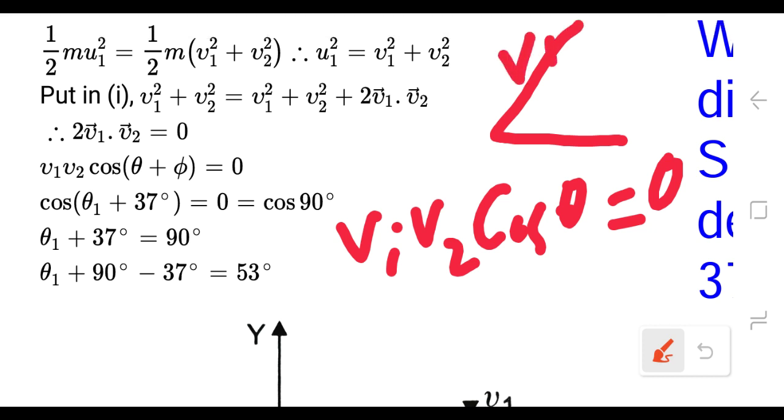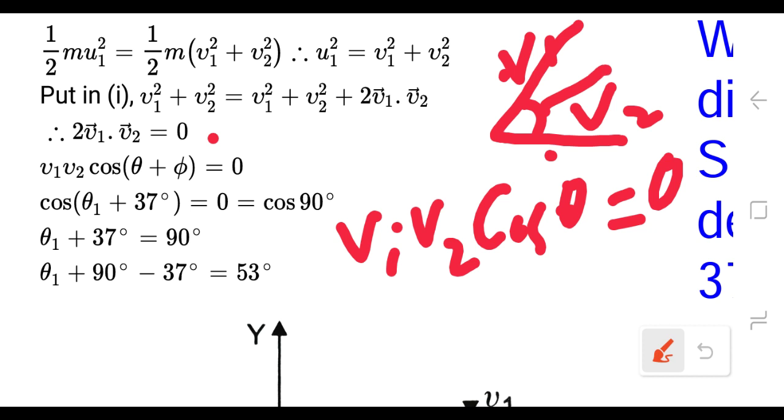If this is v1, this is v2, so there will be a 90-degree angle on this side. That's what it means if cos theta is equal to 0. So from this point, we have v1 dot v2 is v1 v2 cos the angle between them. What is the angle between v1 and v2?